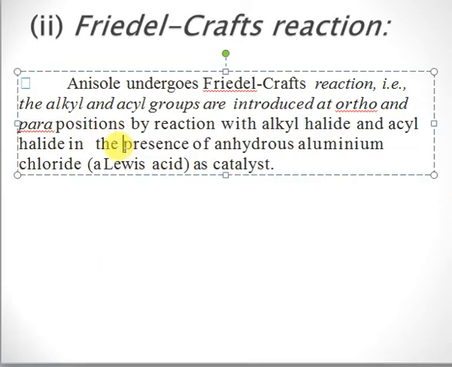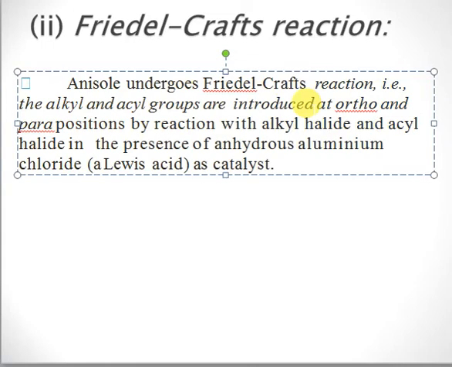Okay, again, we are considering the aryl alkyl ethers, and for example, we have taken anisole. Just like benzene undergoes Friedel-Crafts reactions, these aryl alkyl ethers also undergo Friedel-Crafts alkylation and Friedel-Crafts acylation reactions.